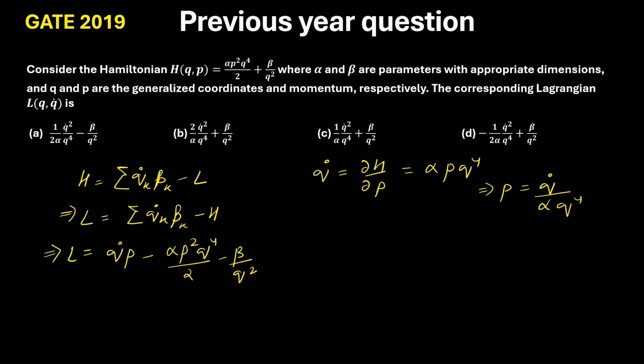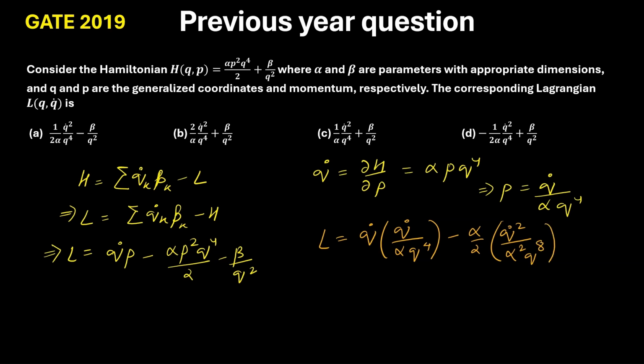If I substitute this in the Lagrangian, the Lagrangian will be equal to q dot, instead of p, I can write q dot divided by alpha q to the power 4, minus alpha by 2 times p square, and p square I can write as q dot square by alpha square q to the power 8, minus beta by q square.